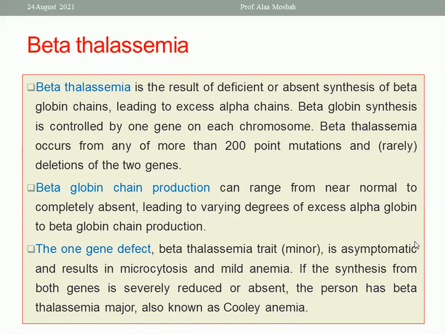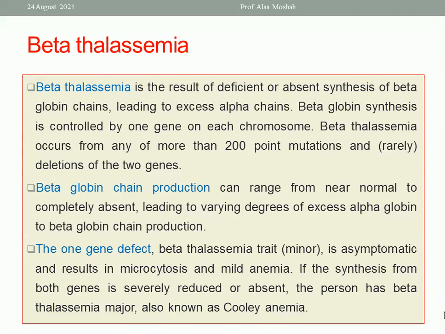Beta thalassemia occurs from any of more than 200 point mutations, and deletion of the 2 genes is rare. Beta globin chain production can range from near normal to completely absent, leading to varying degrees of excess alpha globin relative to beta globin chain production.